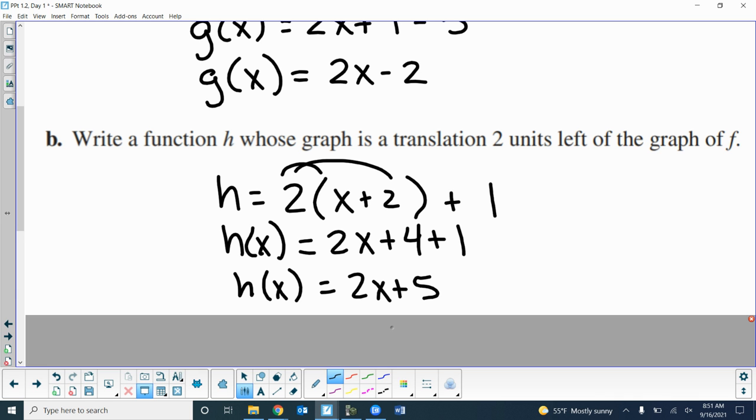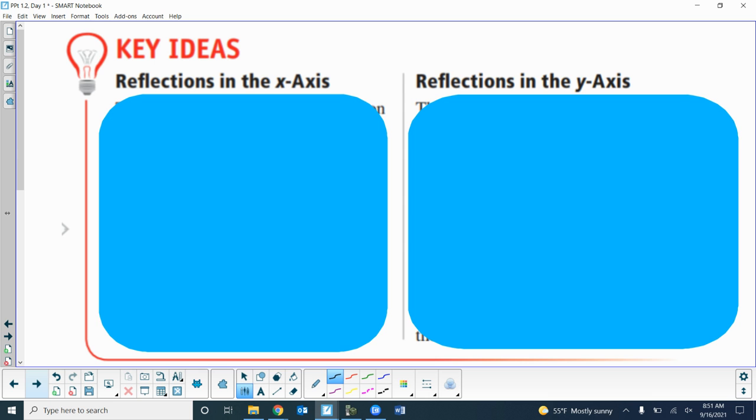Vertical, horizontal. All right, let's talk about reflections. All right? So remember, if I draw a quick little graph, and I have this red point here, and I reflect it about the x, which way am I going to go? Down, right? I'm going to go this way.